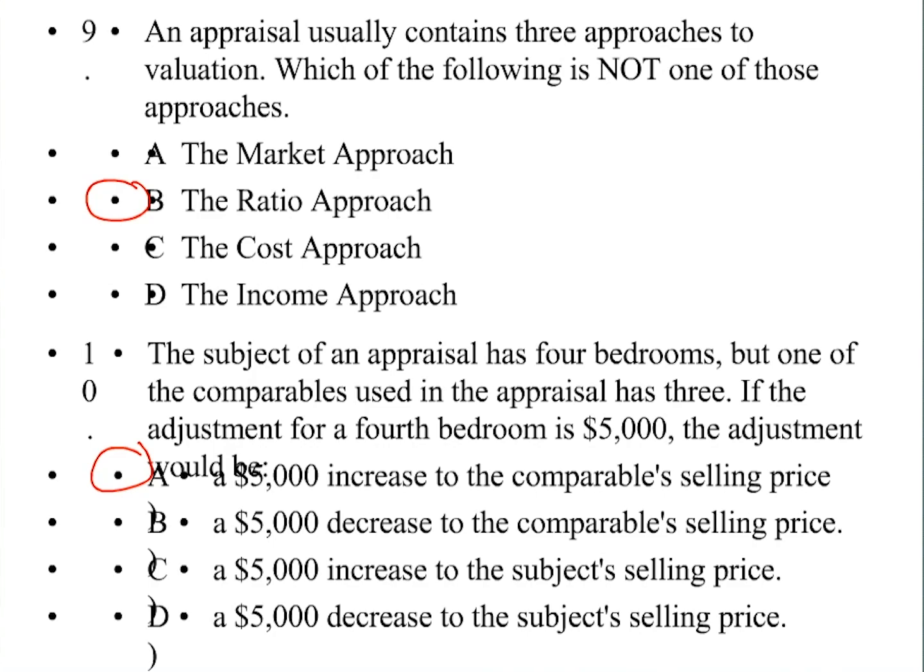If the adjustment for the 4th bedroom is $5,000, well, the comparable house has 3 bedrooms. If it had 4, and the 4th bedroom is worth $5,000, it would have sold for $5,000 more. So we have to do A, increase $5,000 to the comparable selling price.